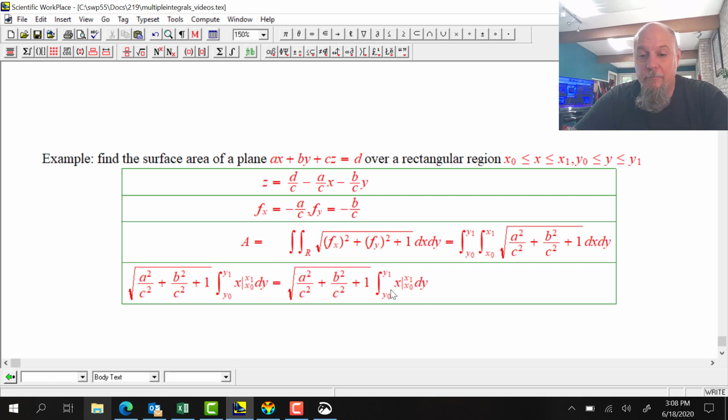So now what do we got? That's going to be integrating x1 minus x0, which is a constant with respect to y. So let's just do our integration. This is working out not too bad.